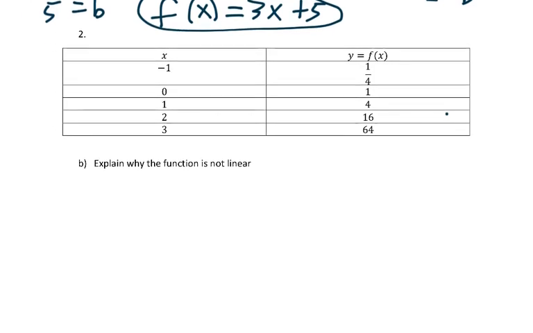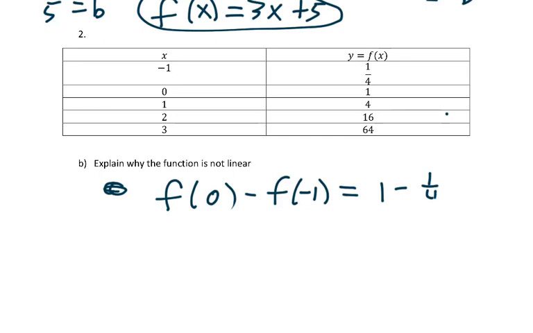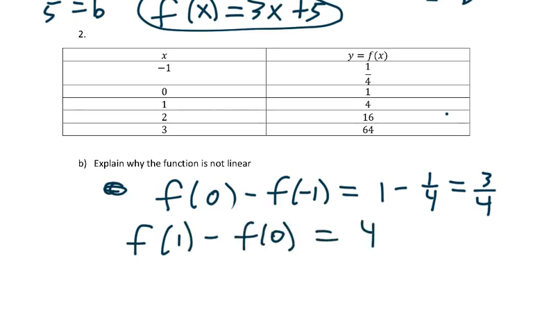So why is this function not linear in this case? Well, notice that if we do f of 0 minus f of -1, that's equal to 1 minus 1 over 4, which is just 3 over 4. If we do f of 1 minus f of 0, however, that's 4 minus 1, which is 3.